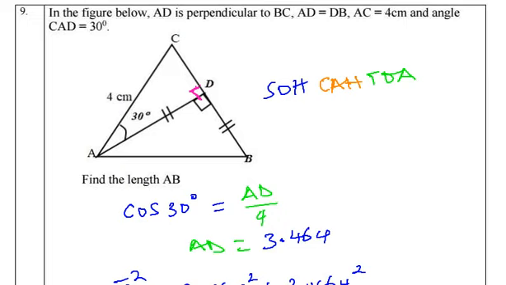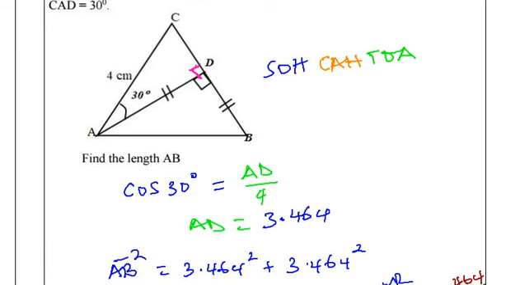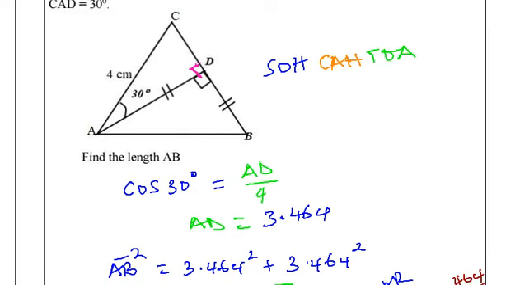So that means we are talking about a right angled triangle ACD. Now which side should I pick interest in? I want to get AB, so that means I am interested in AD. So how do I work out AD?